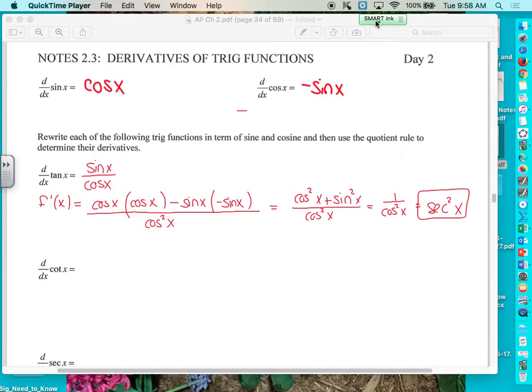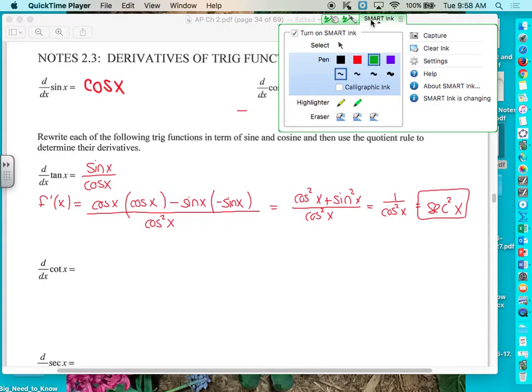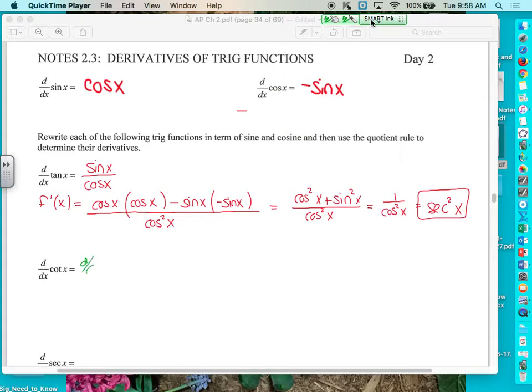And then cotangent, we could do the same thing for that one. Derivative of cotangent, well, if I rewrite cotangent as cosine over sine, that's going to be the bottom function, times derivative of the top, and derivative of cosine is negative sine, minus the top function, times derivative of the bottom, derivative of sine is cosine, all over the bottom function squared.